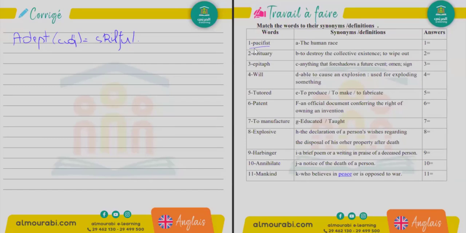Now, pacifist first. The meaning is here in the next column. Let's match. Take your time. A person who believes in, is opposed to war.